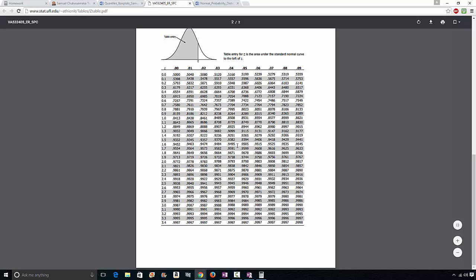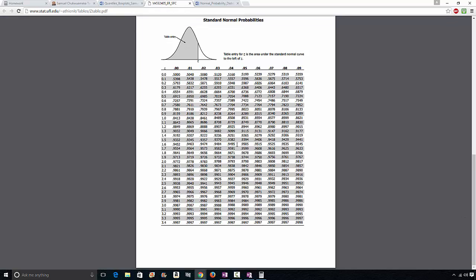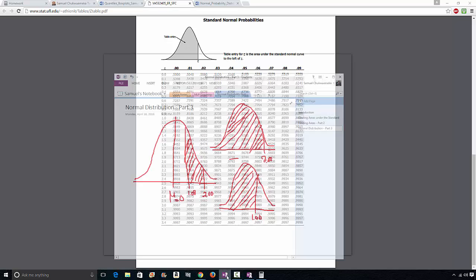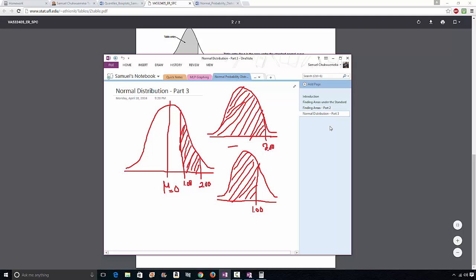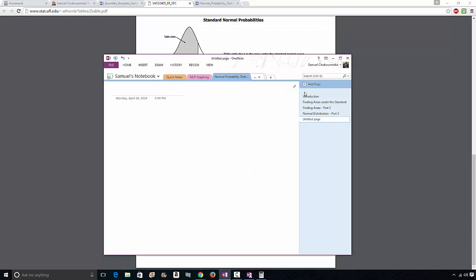We need to find it. First of all, we have to interpolate between these two values here, between 0.9495 and 0.9505. So I'm gonna add a page here, normal distribution, and don't worry, we will not use interpolation method all the time. I just want to explain this first.